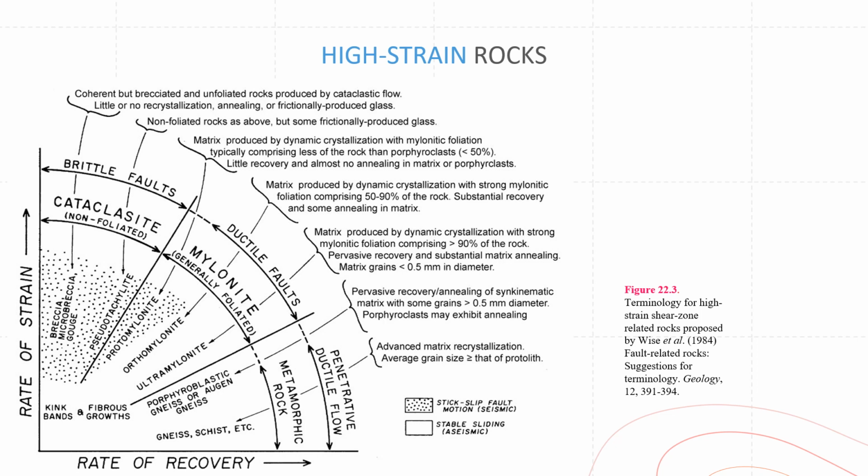If it looks complicated, it is a little complicated, so I'll leave this up here, and it will be of more use to you when you go a bit deeper down this path into metamorphism.